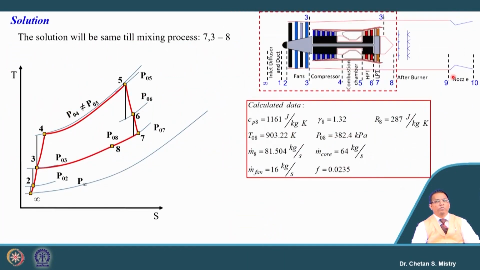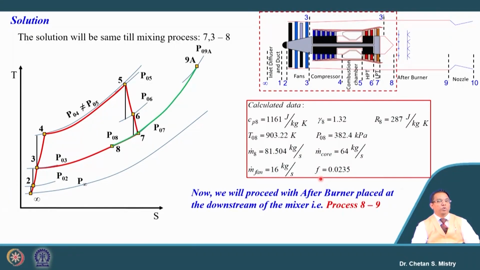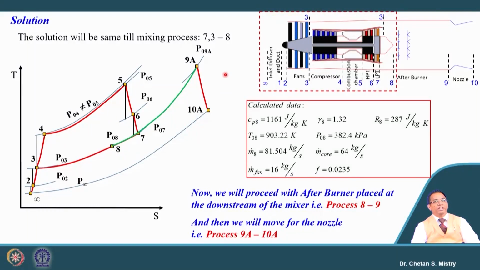Let us look at what we know. This information is already given or known to us from the previous problem, so we will not repeat this calculation. Here, process 8 to 9 represents the constant pressure heat addition process happening in the afterburner, and the process from 9A to 10A represents the expansion happening in our nozzle.